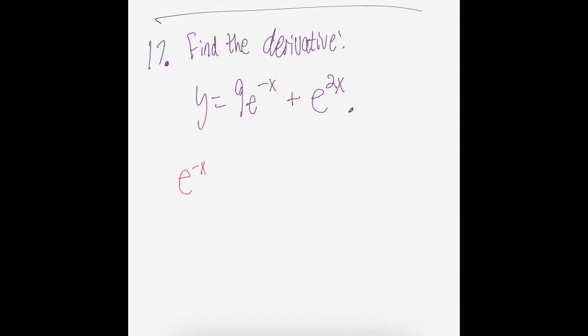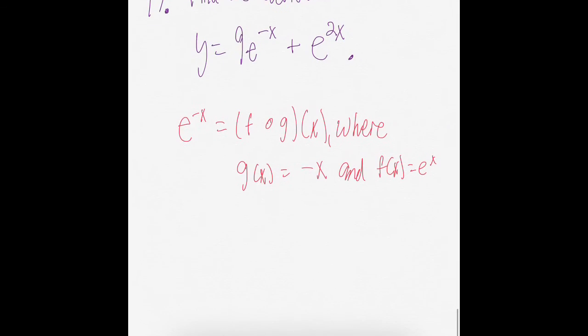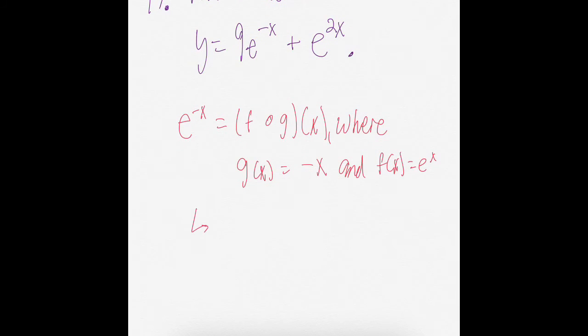Notice that e to the minus x is the composition of f composed with g of x, where g of x equals negative x, and f of x equals e to the x.